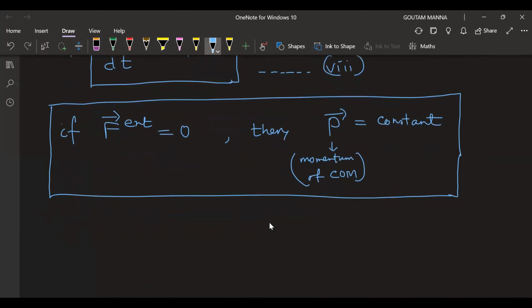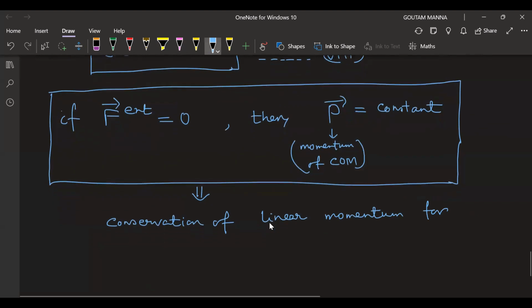This is called the conservation of linear momentum for a many particle system.